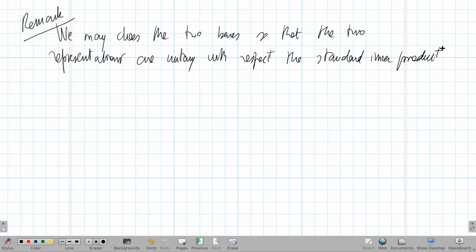Or say, I can choose an inner product such that the two representations are unitary, and the two bases will be orthonormal bases with respect to the inner product.